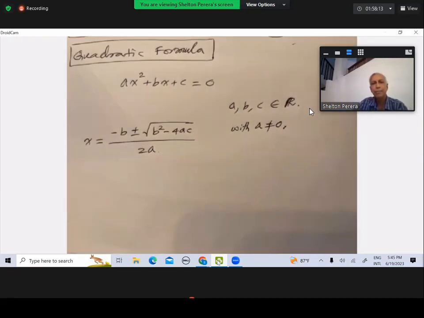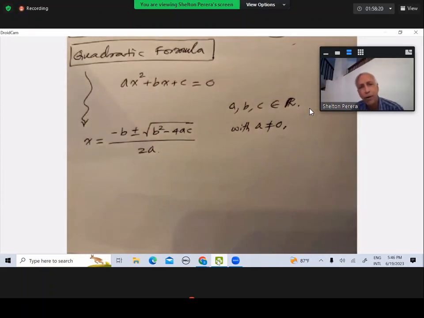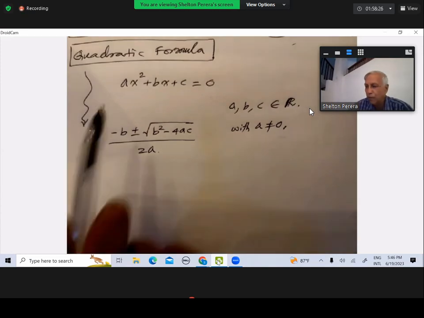It's worth memorizing this. This formula is known as the quadratic formula. It tells us how to write down solutions of any quadratic equation just using its coefficients.